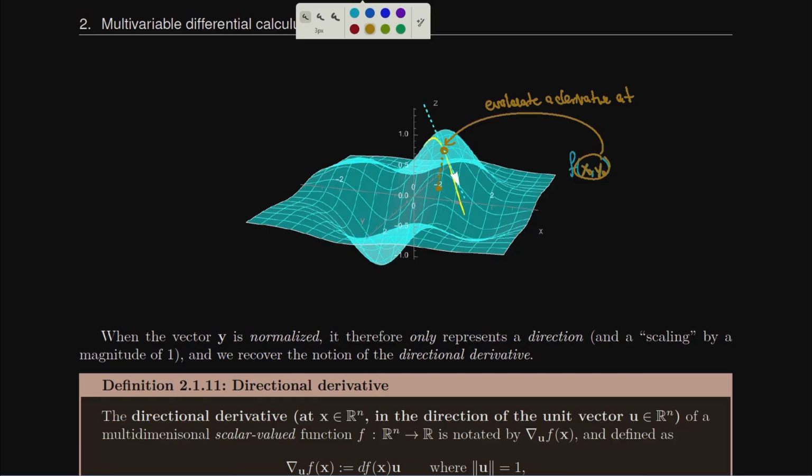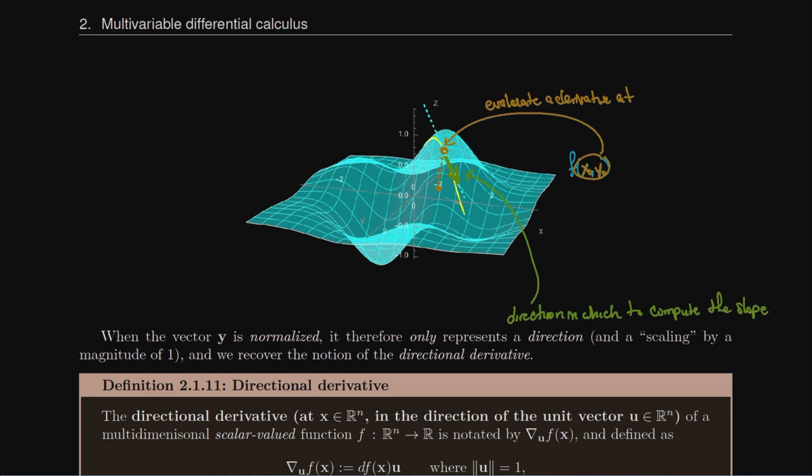And then in particular, I'm also giving myself a direction in which to compute the slope. And if I give this direction a vector representation, let's say it's the vector a, b, right? So maybe the direction of this vector is the vector a, b, then I can compute the slope with, well, you take the derivative, you evaluate the derivative at this special point in the domain, but then you act the derivative on the vector which is pointing in the direction we care about.